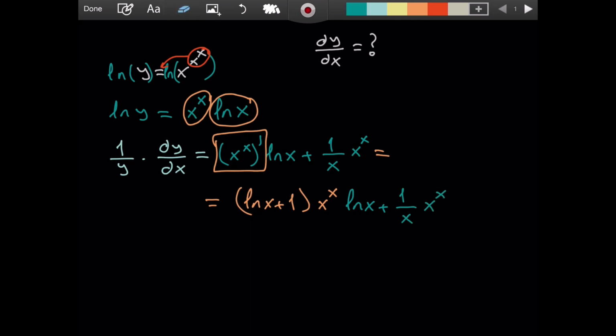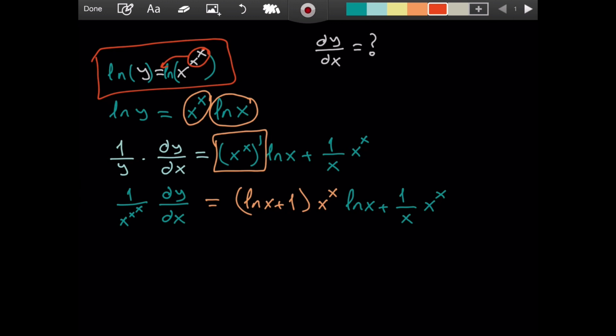And let me erase this equality sign. On the left we will have dy divided by dx, 1 over. Now instead of y, I will write x raised to the power of x raised to the power of x. Because remember, right here at the beginning we defined x raised to the power of x raised to the power of x to be y.